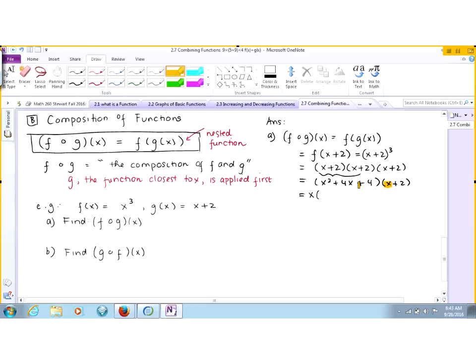So x times the first polynomial plus 2 times the first polynomial: x squared plus 4x plus 4, plus 2 times x squared plus 4x plus 4. So what do we have here?